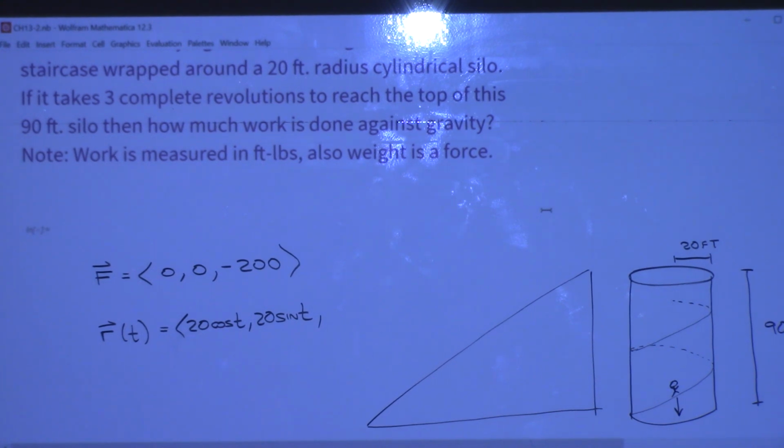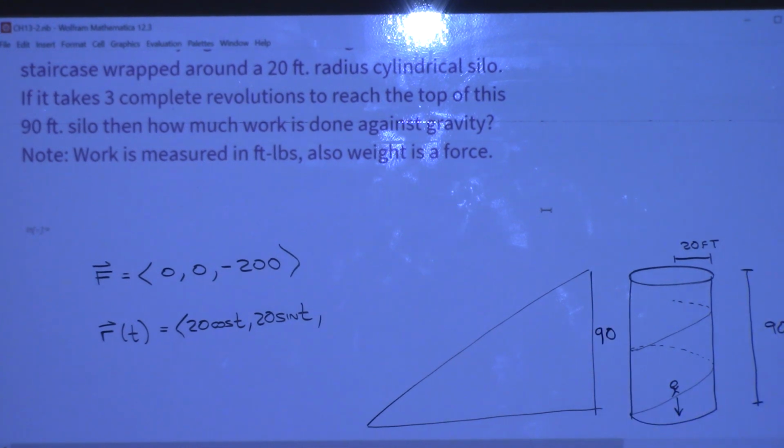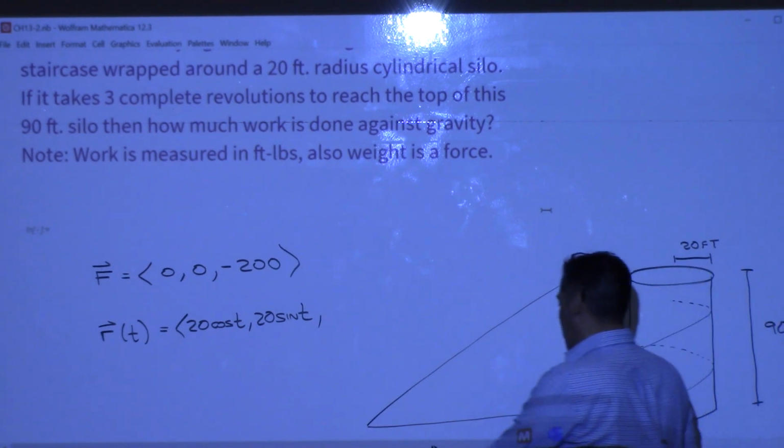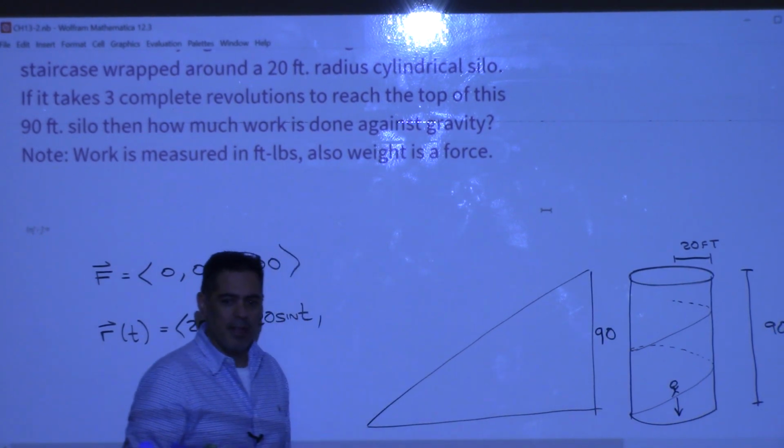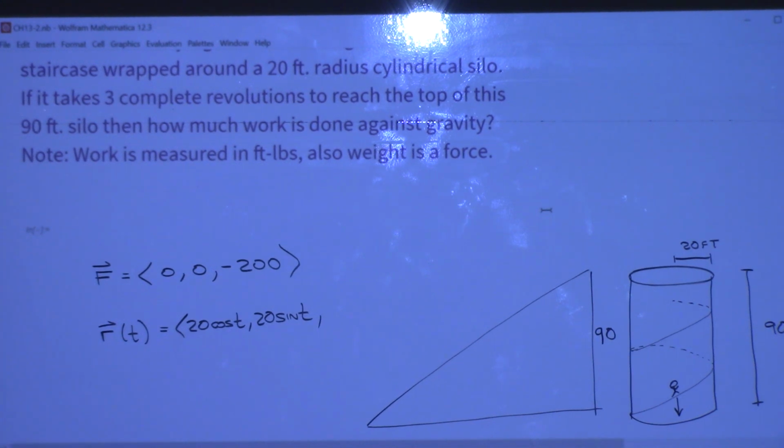Now, help me out. Do you know anything about that ramp? You know this is 90, right? Is the x the circumference? So this distance from here to here, what do y'all think? Y'all think that's circumference? Yeah, so how many rotations does it take? 3 rotations, right?